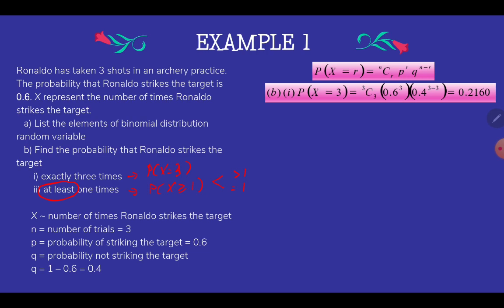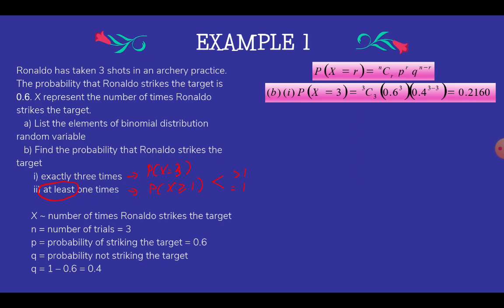When P(X = 3), we have 3C3 times 0.6 to the power of 3 times 0.4 to the power of 0. What does 3C3 mean? Since it is exactly 3 times, from 3 shots, we get 3 strikes. So the answer would be 0.2160.